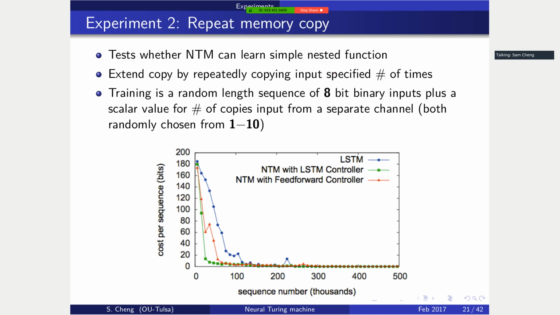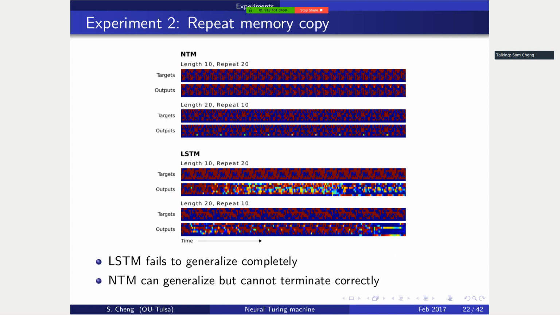Basically we try to copy a block several times. What they try to do during training is copy 1 to 10 times, I think, and also the block size is 1 to 10. And you can see that because it's trained with a block size of 1 to 10, and repeated only 10 times during training, this is already doing generalization because now each block is 10 and repeated 20 times.